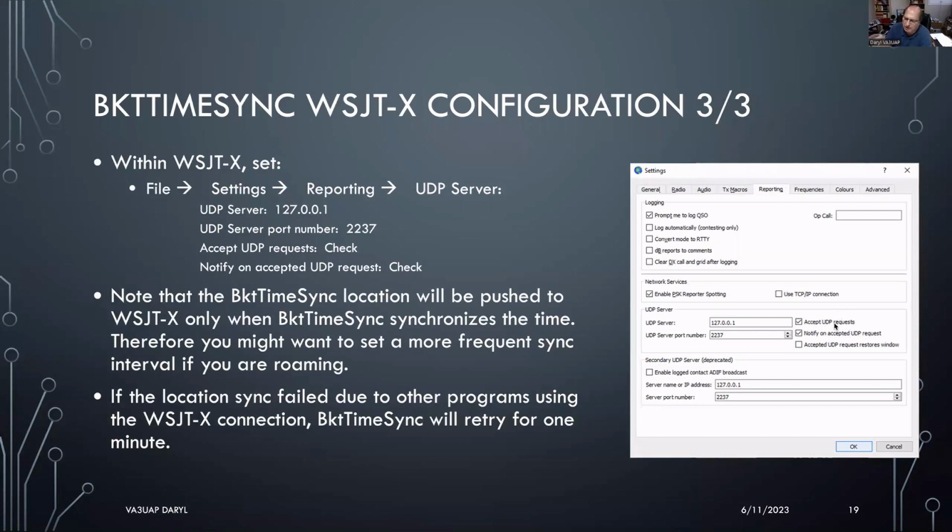So it has to be accept. The other two boxes we don't care about, but definitely this one has to be checked in order for it to set the time sync. So three things here: set the IP, set the port, tell it to accept the requests.